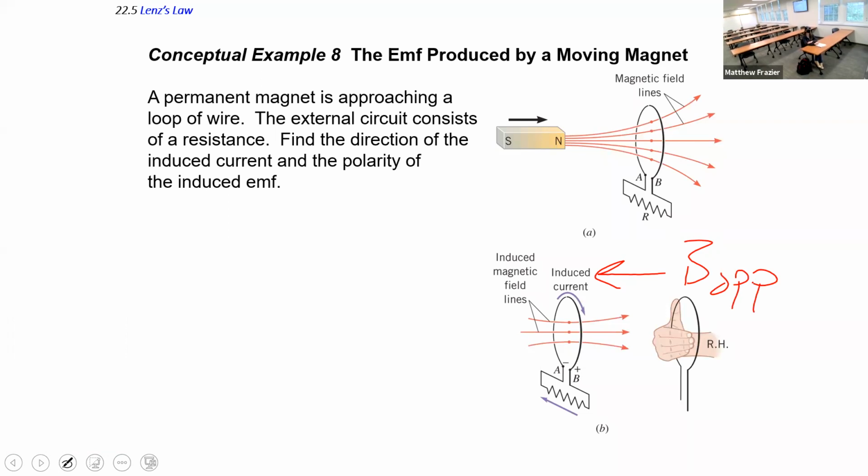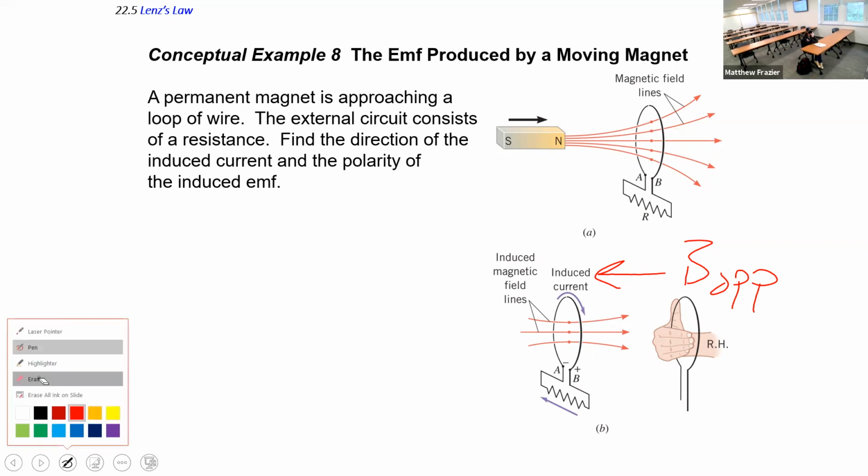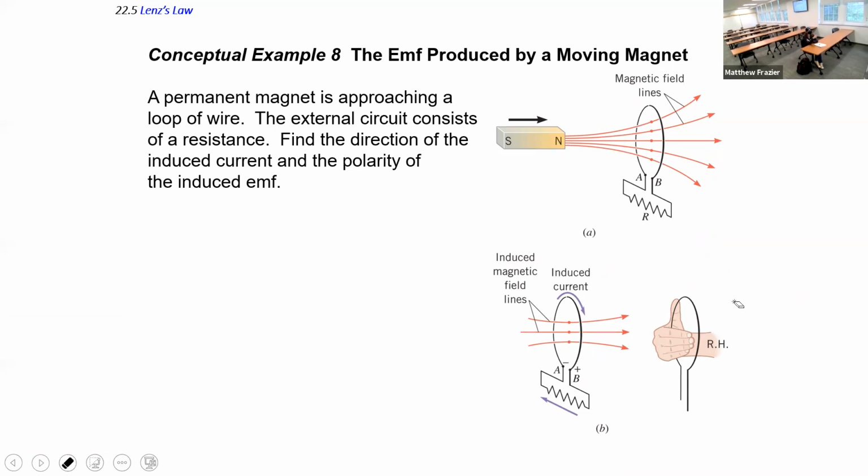And to get that field, wait a minute. Something is weird. These pictures do not line up, so I'm just going to back out of this. It's saying that the magnetic field lines are being created by that current, not that they created the current.